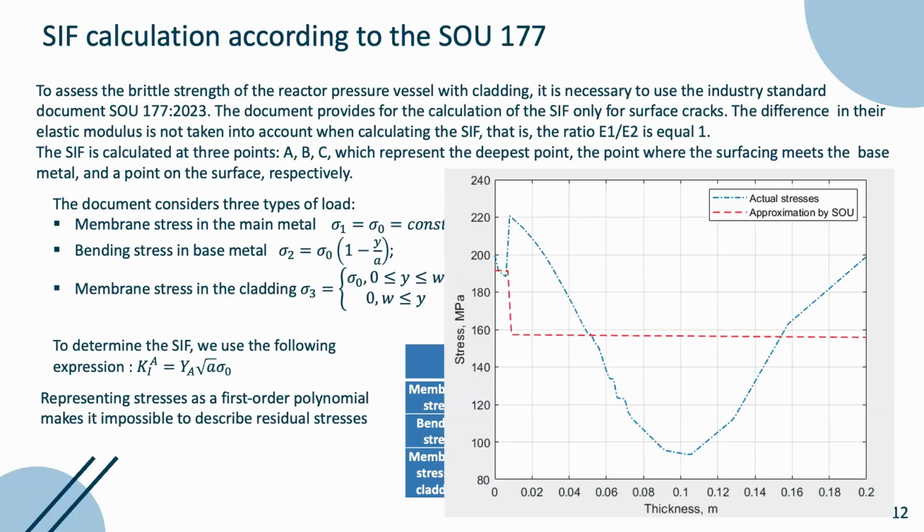Also, representing actual stress as a first order polynomial makes it impossible to describe the actual stress and residual stress. In the picture, you can see the blue line is the actual stress in the wall, and the red line is the approximation function of stress by the document.